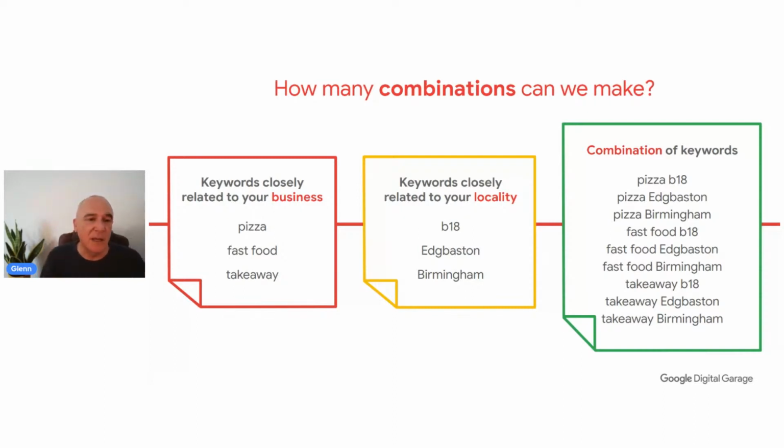So therefore, even out of, if you use the keywords there of pizza, fast food and takeaway, the B18, which is the locality, the Edgbaston and Birmingham, you can see how when you combine all of those phrases together, that you've got pizza B18, pizza Edgbaston, pizza Birmingham, fast food B18, fast food Edgbaston, fast food Birmingham, and on. So now you need to believe the importance, I think, of a large keyword list.